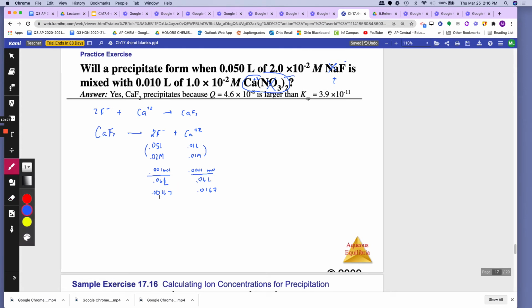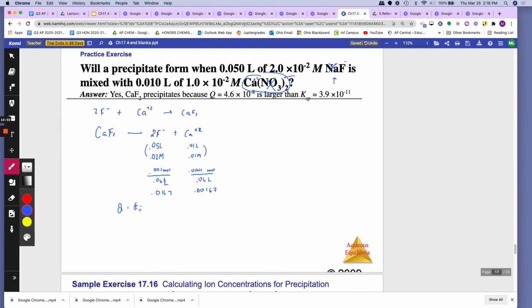Oops, wait. 0.001 divided by 0.06 is 0.0167. 0.0001 divided by 0.06 is 0.00167. There you go.